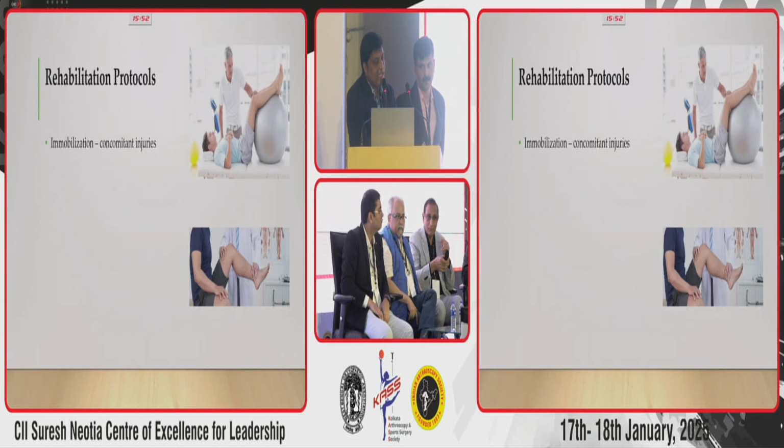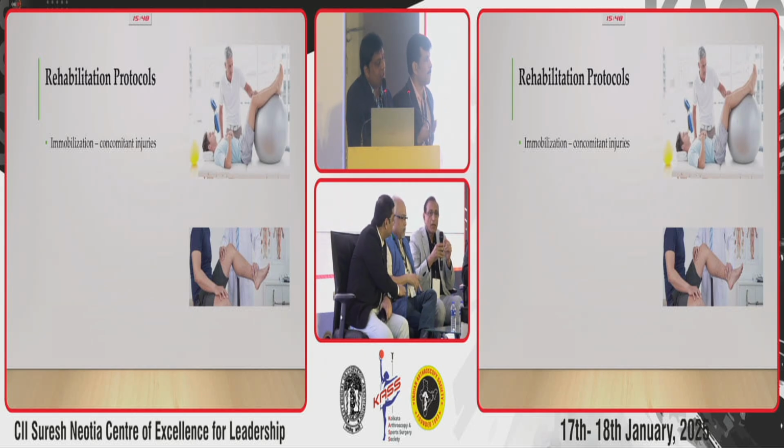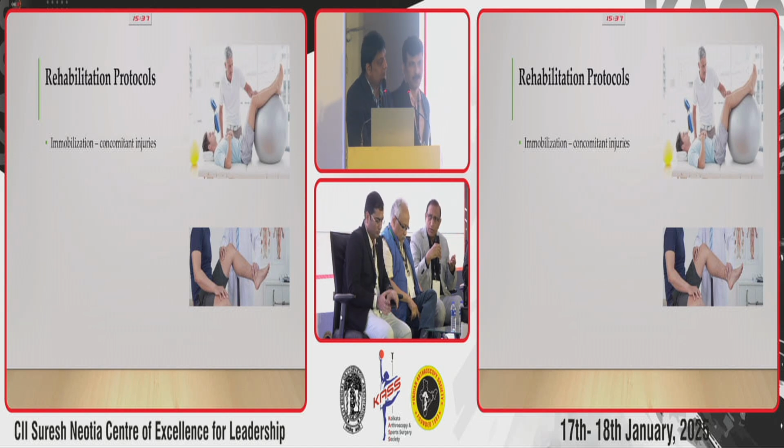What will be the rehabilitation protocols, sir, like immobilization, if you are doing open or arthroscopic? Because most of the time they end up in stiffness. Arthroscopic, if they're usually fairly recent, I mobilize them a lot sooner. I get them on partial weight bearing from day one and immobilize them for 3 to 4 weeks.